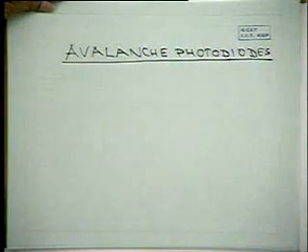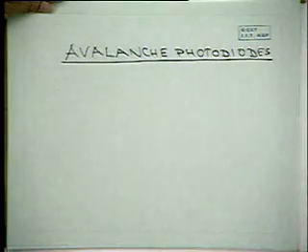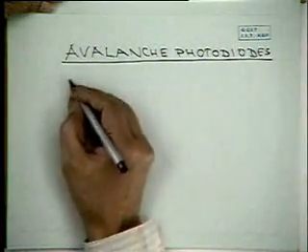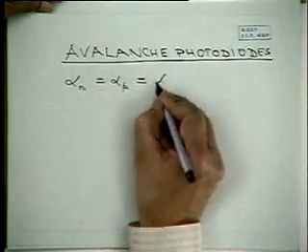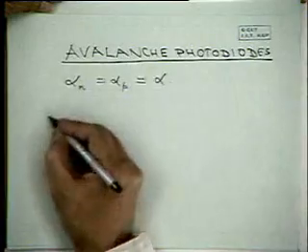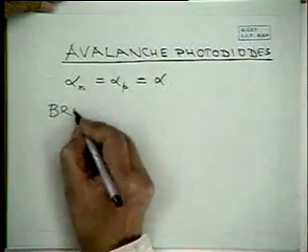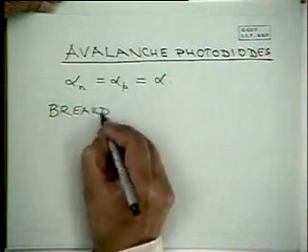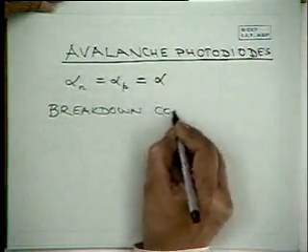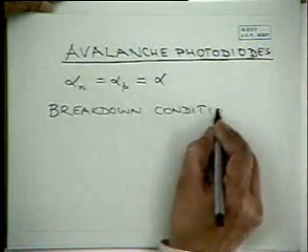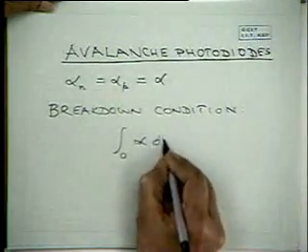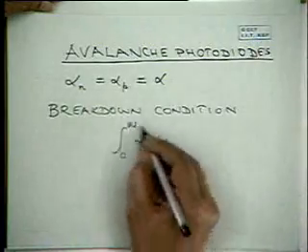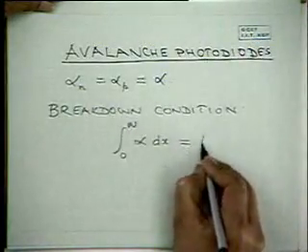Yesterday, what I discussed was the breakdown condition, and we had come to the condition that for alpha n equal to alpha p, the simplified case equal to alpha, the breakdown condition was the integral of alpha dx over the width is equal to 1.